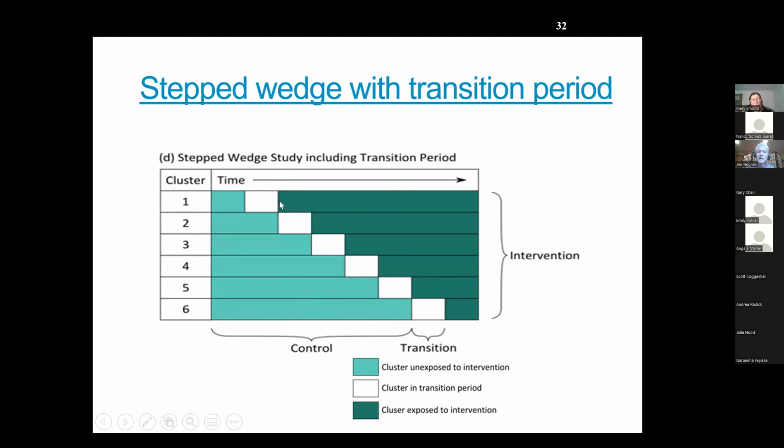And I'm only going to use births from women that receive the intervention during their entire pregnancy. So I'm going to use this transition period to throw out those awkward cases where women receive both control and the intervention, or throw out these periods when I think the intervention might not be effective, and then try and use these data to estimate the longer term effect of the intervention.